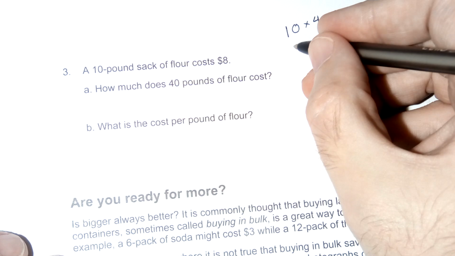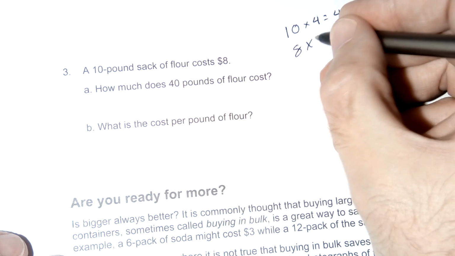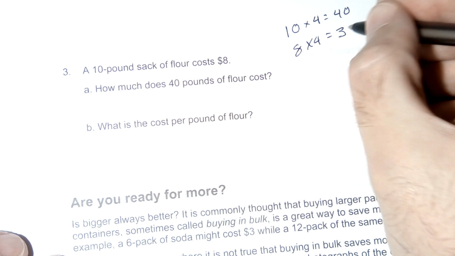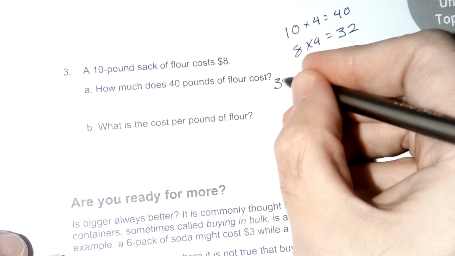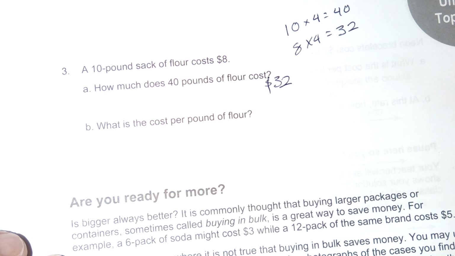And so if 10 times 4 is 40, we do 8 times 4 to get our answer. And so that's $32.